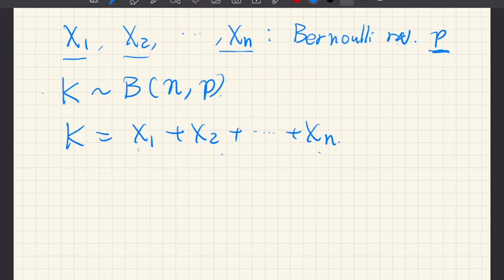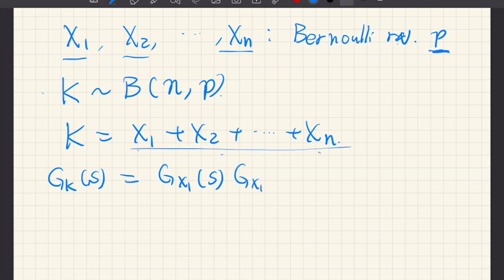So if we calculate the probability generating function of k, that is the product of the probability generating functions of all these Bernoulli random variables.